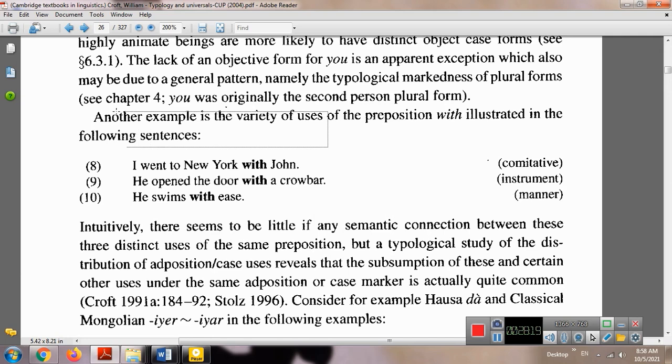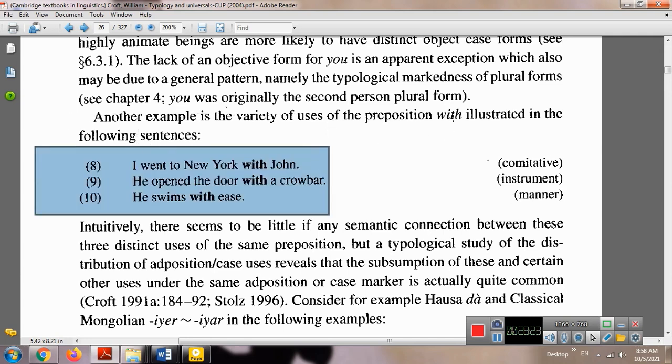We have the preposition with in different sentences with different functions. Here is comitative, which comes with John. Here is an instrument, with a crowbar, and here is manner.